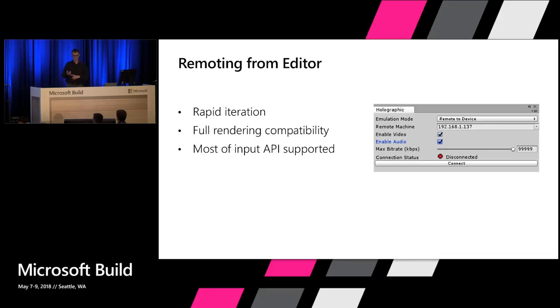The only limitation currently is that speech input from the HoloLens is not supported, and also the photo and video capture from the HoloLens will actually use the photo and video capture from your desktop machine. And if you've done any HoloLens development, you may know about world anchors. Those are currently not supported. We're not sure if we'll be able to add support for that. There's some interesting network burden that happens because of the size of the data set.